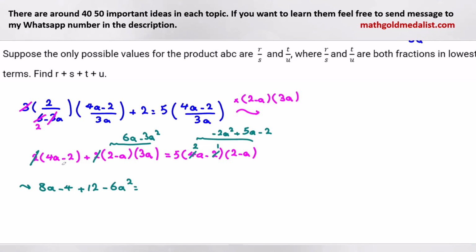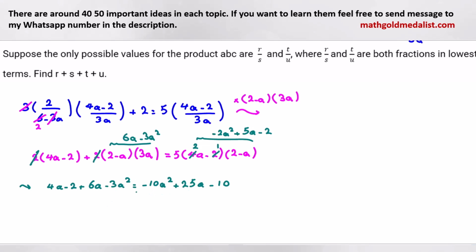Okay, so we can also divide this by 2, so it will be 4A minus 2 plus 6A minus 3A squared is equal to negative 2A squared, and we should multiply it by 5, so it will be negative 5 times this, negative 10A squared plus 25A minus 10.